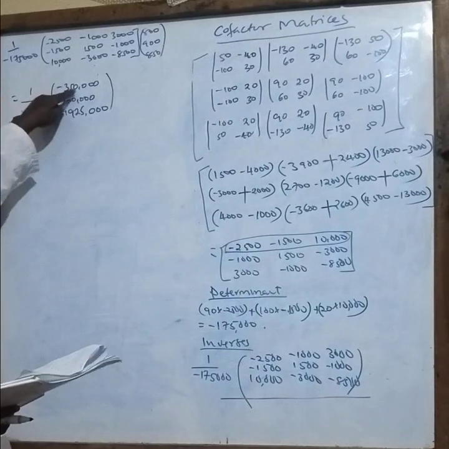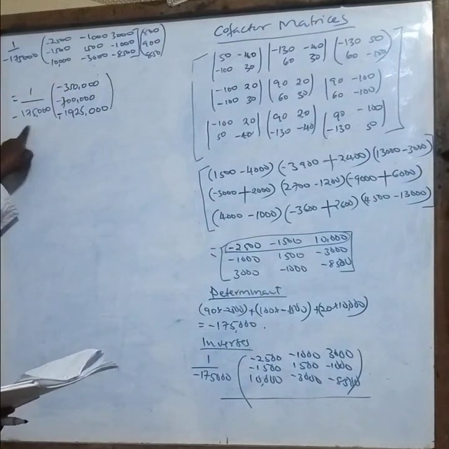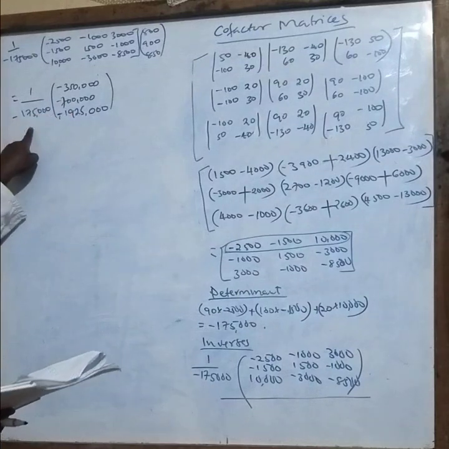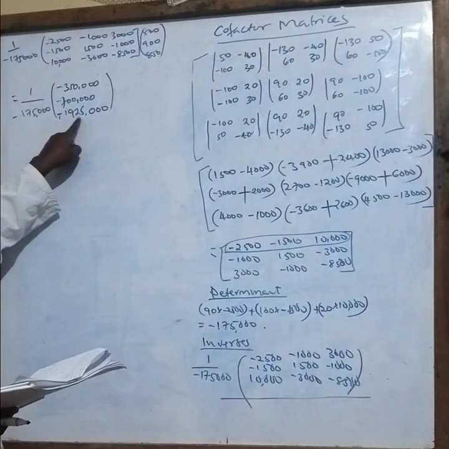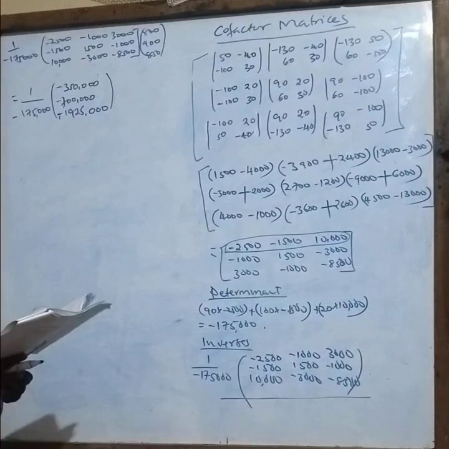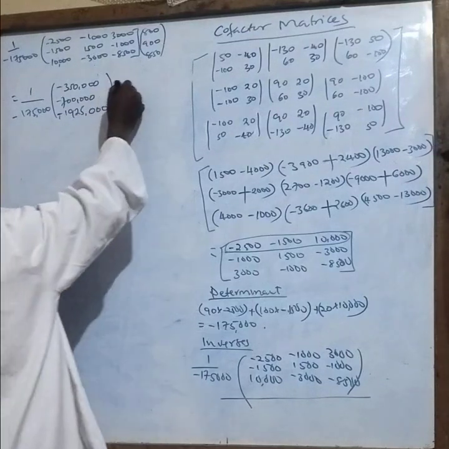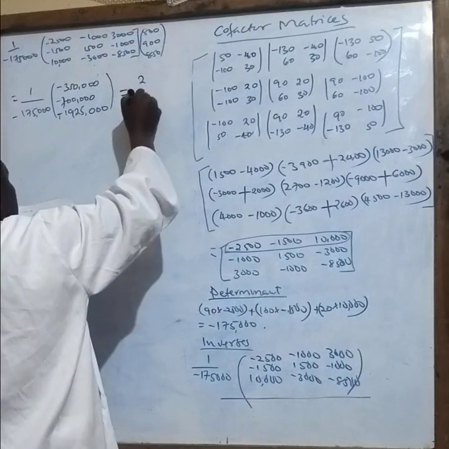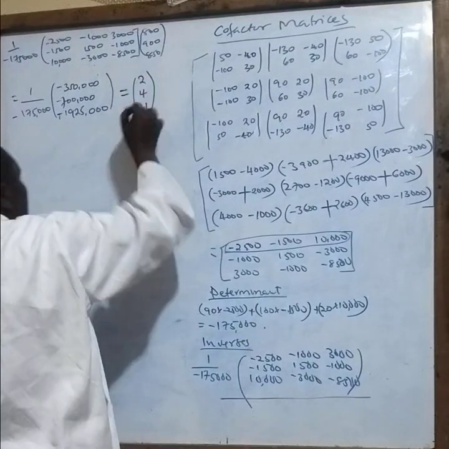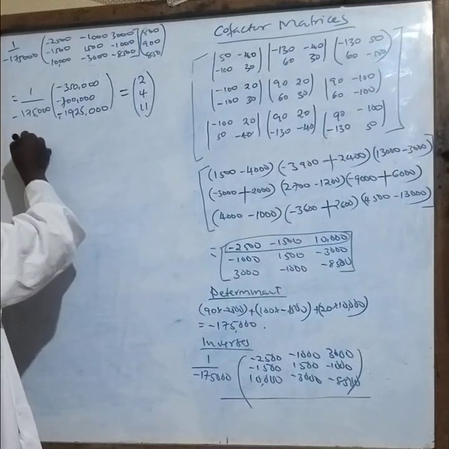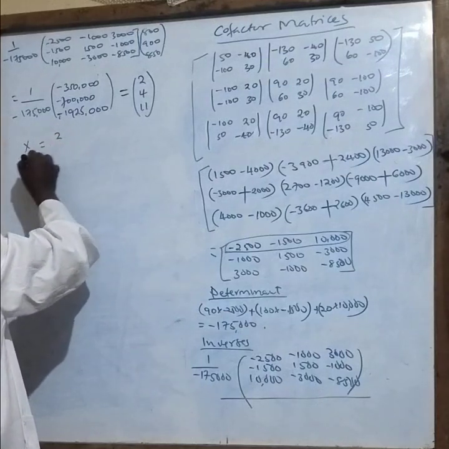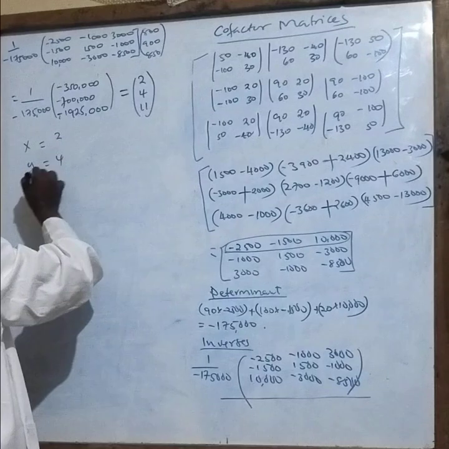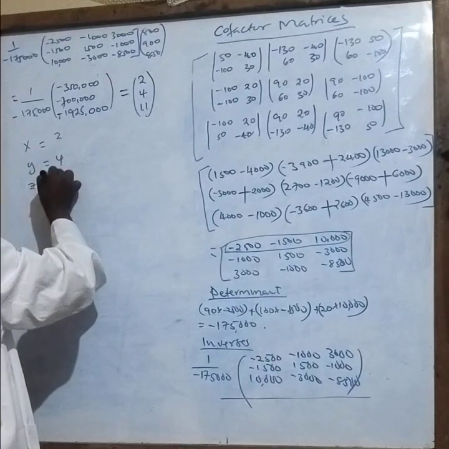Therefore it will be 350 divided by 175, 700 divided by 175, 1,925,000 divided by 175. And your answers you get there is 2, 4, and 11. Therefore it means your x is equal to 2, y equals 4, and z equals 11.